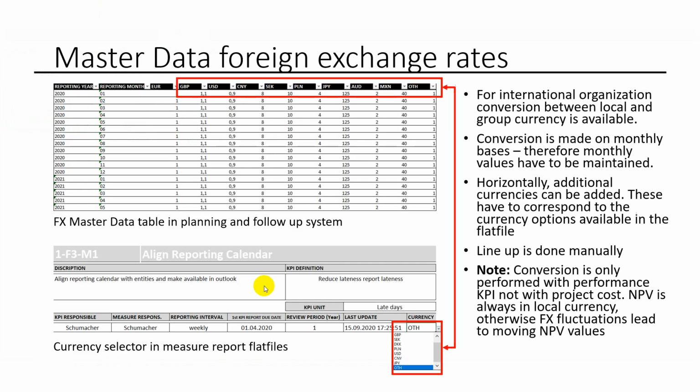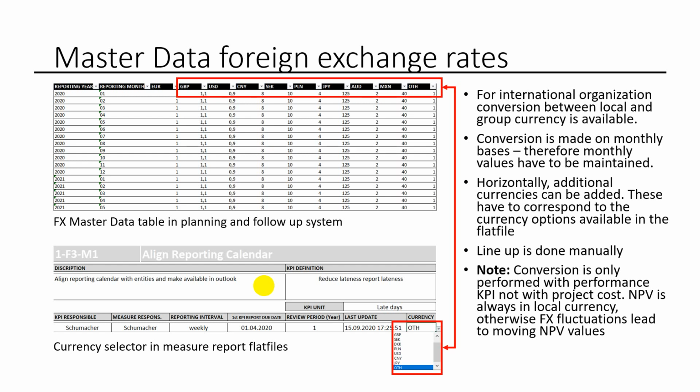Foreign exchange rates. Often we have measures that relate to other entities. Sometimes these entities are outside of our own currency area, and this has been also reflected in the tool.